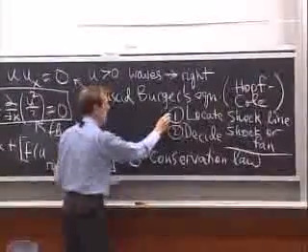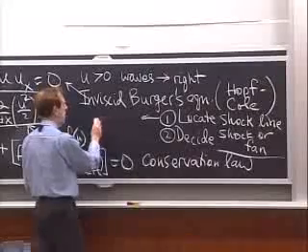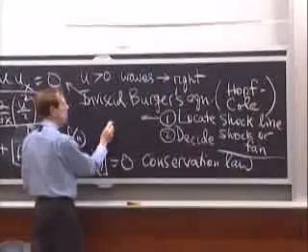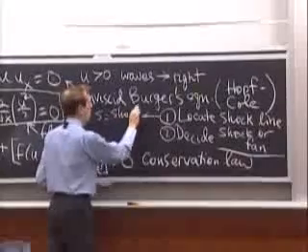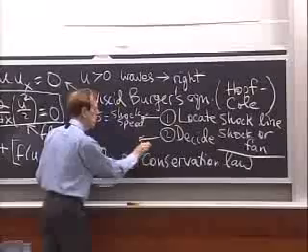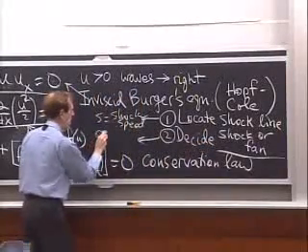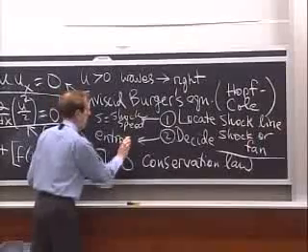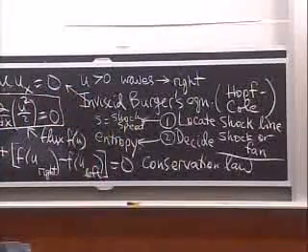So number one is going to be a formula for the shock speed S. S equals shock speed. We'll find it if there is a shock. And number two is that this decision is going to be based on a quantity called entropy, which appears only in nonlinear problems, really.